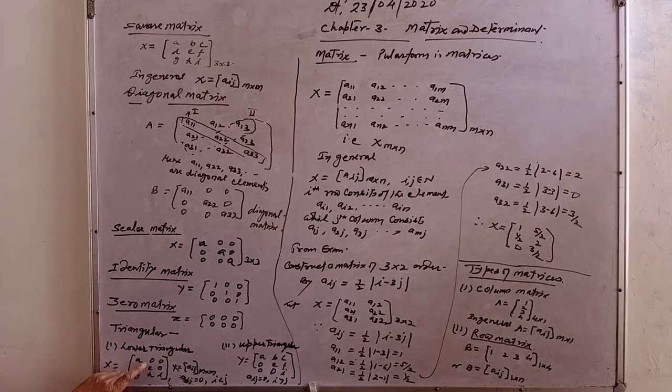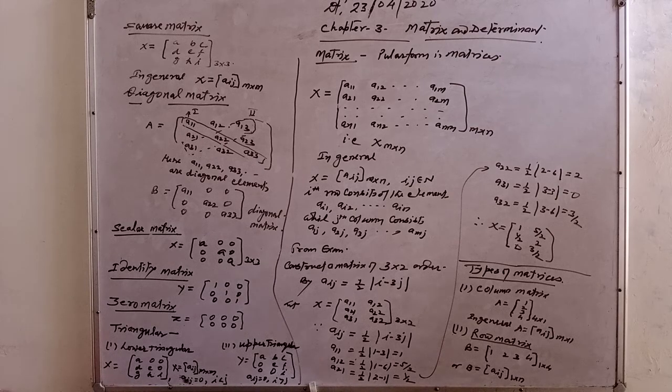From this example, here above the principal diagonal the elements are 0, and on and below the principal diagonal the elements are not 0. Now upper triangular, in upper triangular, all elements are 0 below the principal diagonal. So you will remember here, in lower triangular, elements above the principal diagonal are 0, and in upper triangular, elements below the principal diagonal are 0.